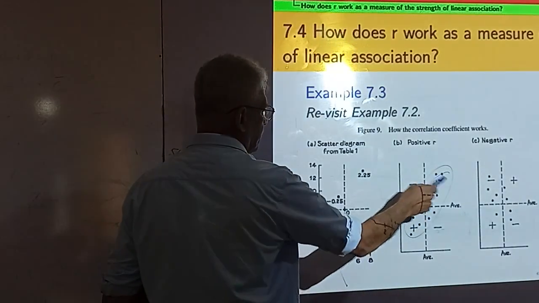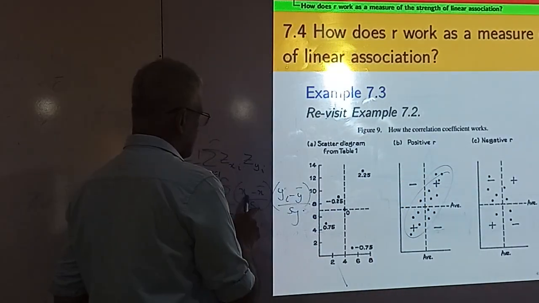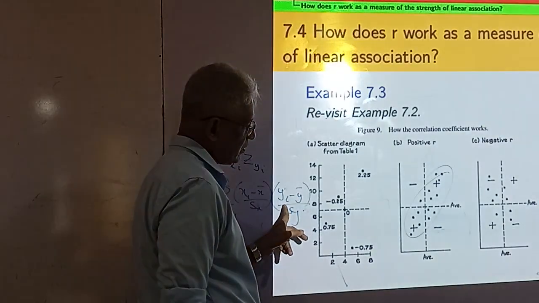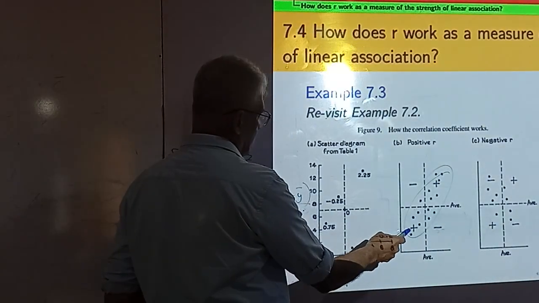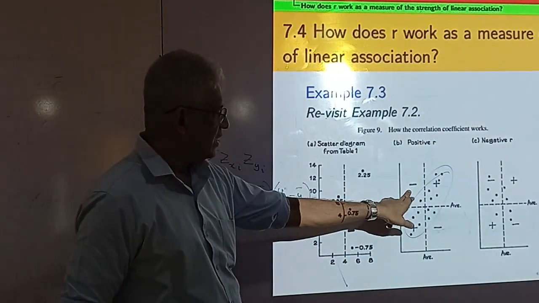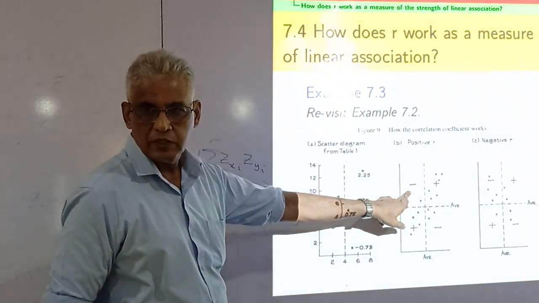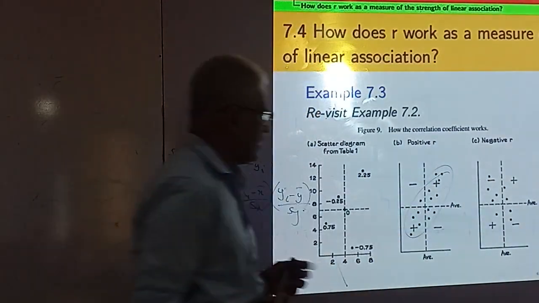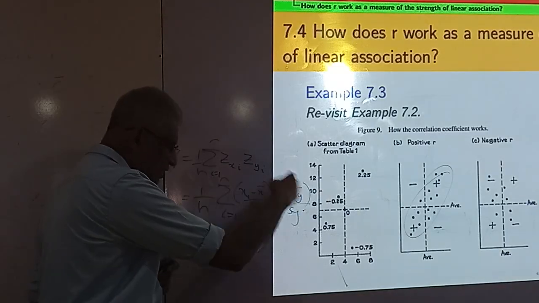And for these points, this quantity will be positive, and this quantity will also be positive. Therefore, the product will be positive. For these, both quantities will be separately negative, but the product will be positive. But here, positive and negative, the product will be negative. So if you have this kind of relationship, you will be looking at the average of these products.